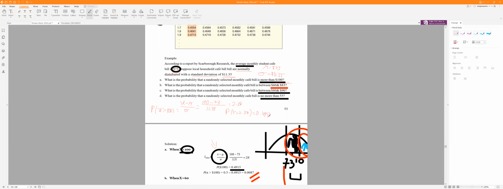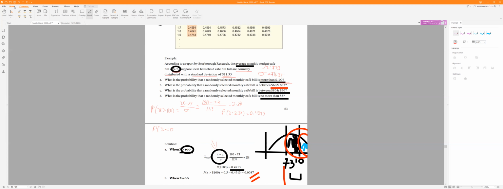So the Z table value for the probability that Z is equal to 2.38 is 0.4913.